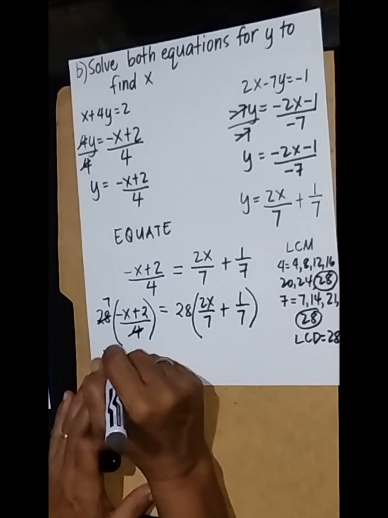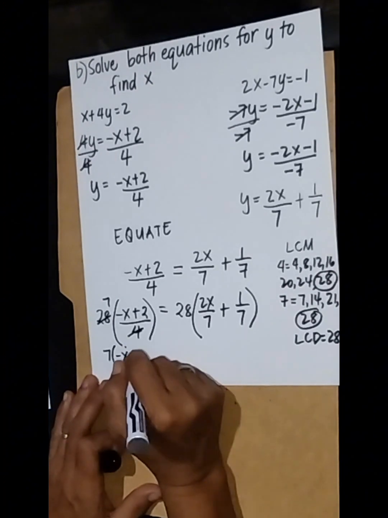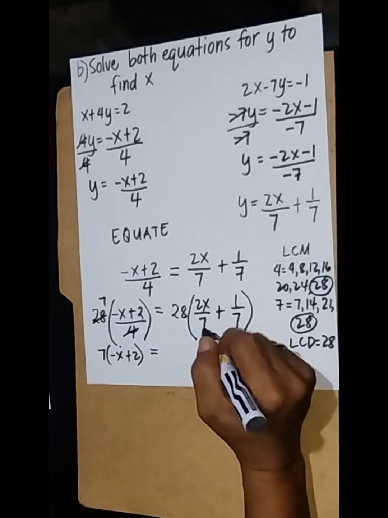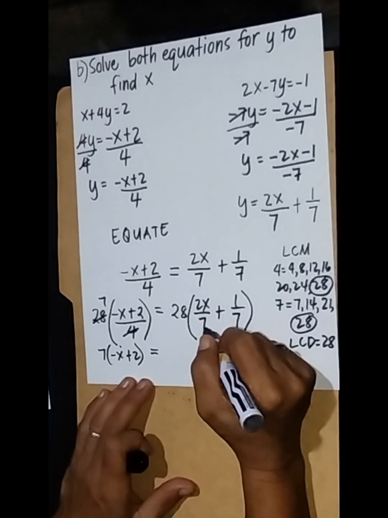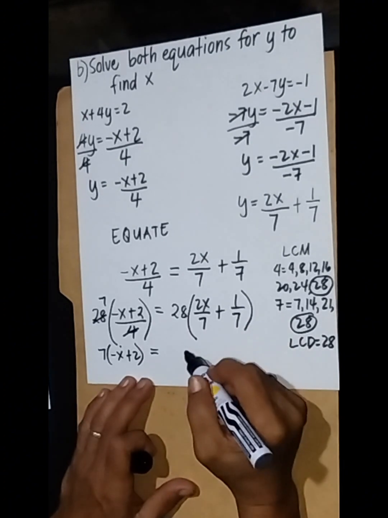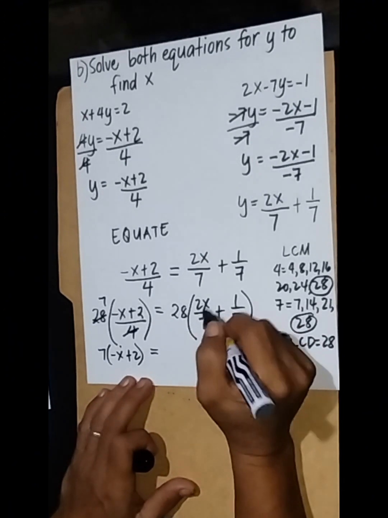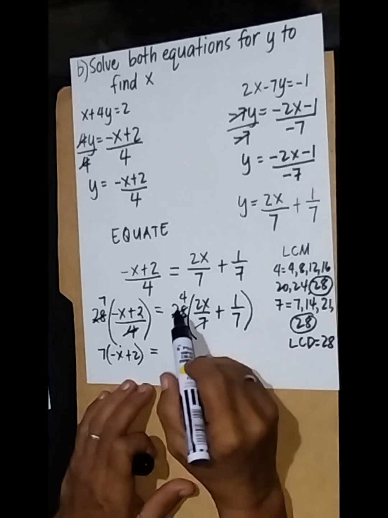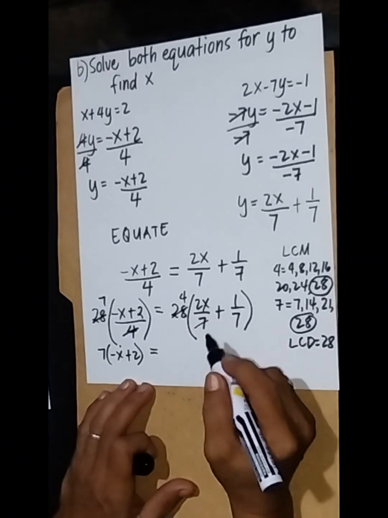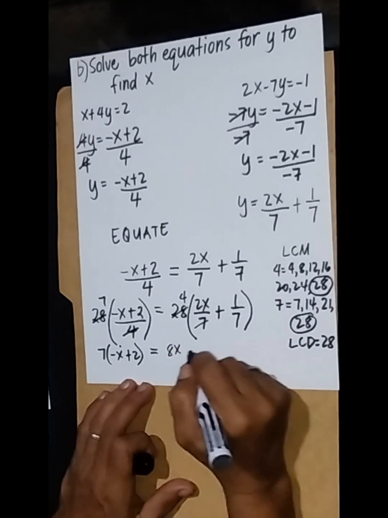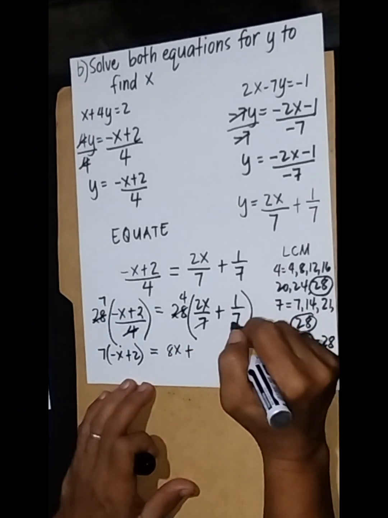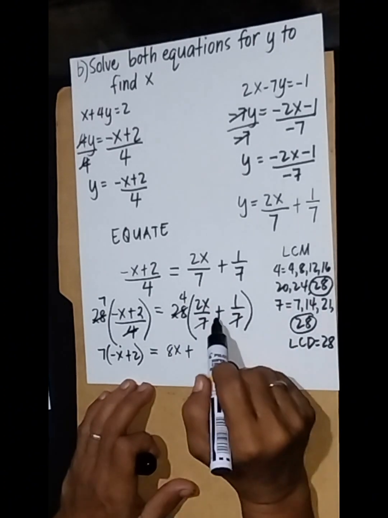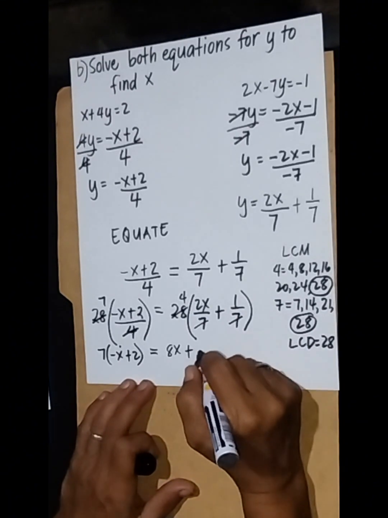So, what remains is 7 times negative x plus 2 equals, 28 divided by 7 is equal to 4. So, 4 times 2x is equal to 8x plus 4 times 1, since 28 divided by 7 is 4. So, 4 times 1 is equal to 4.